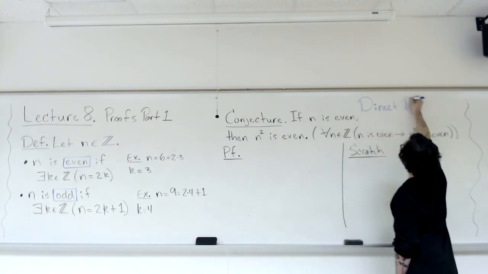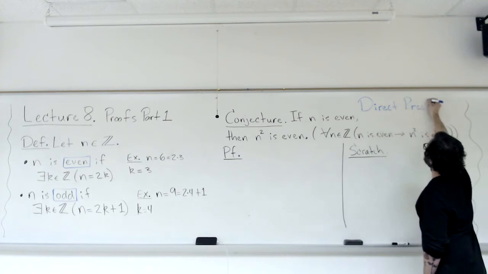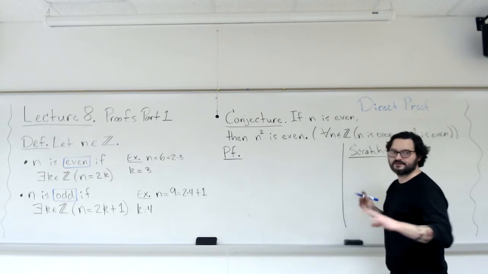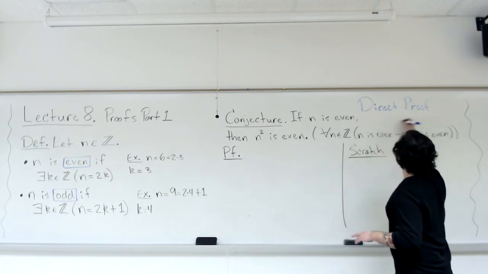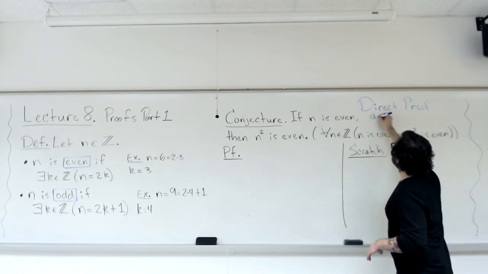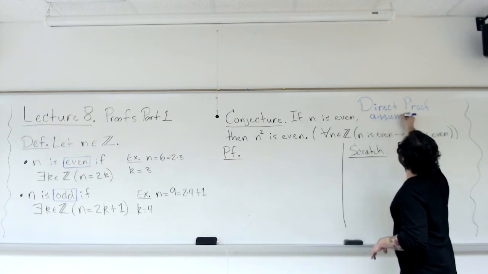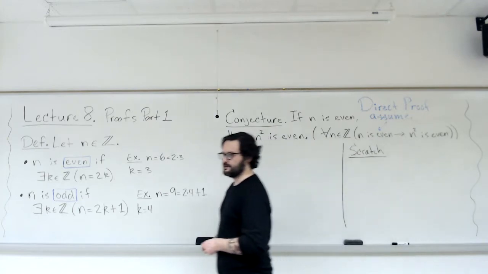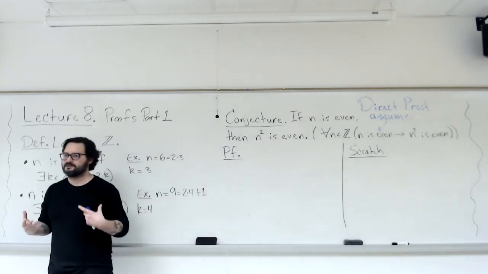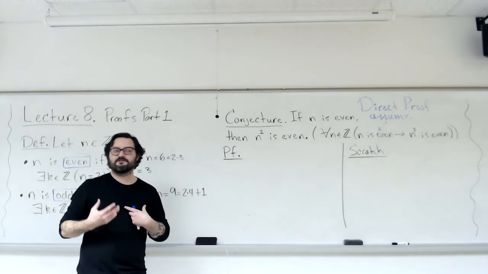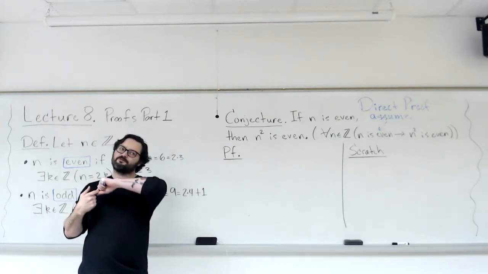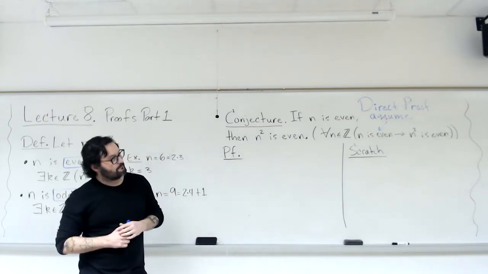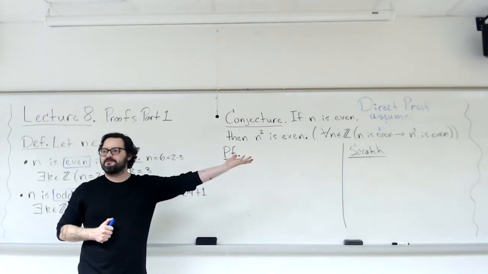We don't know if it's true yet, but we're going to try to prove it directly because our intuition tells us that the statement's true, which can be deceiving sometimes. Direct proof: assume the hypothesis to be true. This is the simplest form of trying to prove a conditional statement. You assume the hypothesis to be true, and you try to use that information after that assumption to imply something about the conclusion.